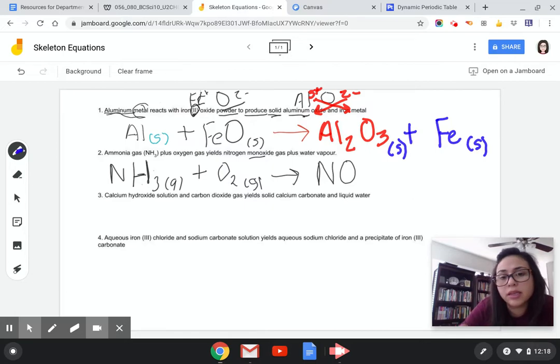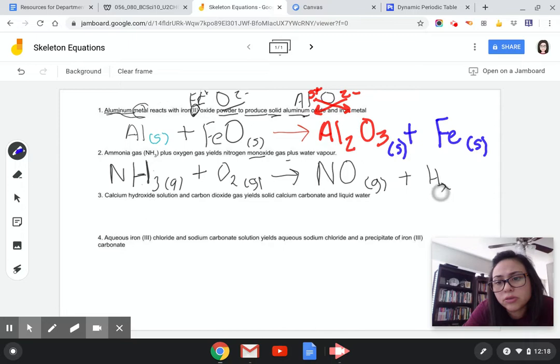And it's a gas, so we're going to put that to represent that state of matter. Plus, so that's in there. Water vapor. We know water is H2O, so we go ahead and put that here. And we're going to put that as well.